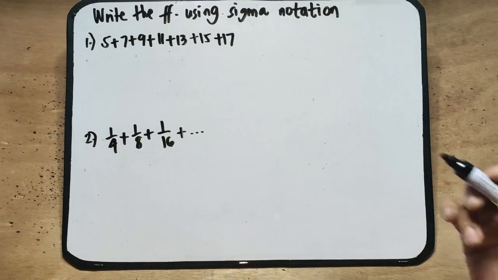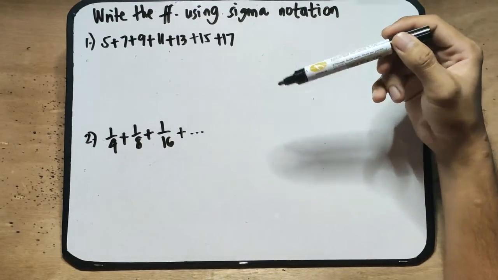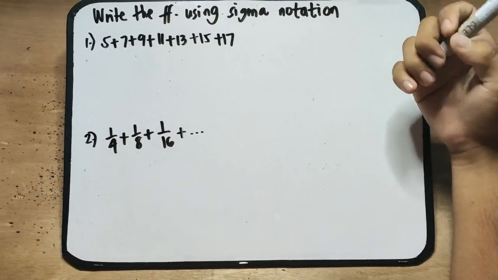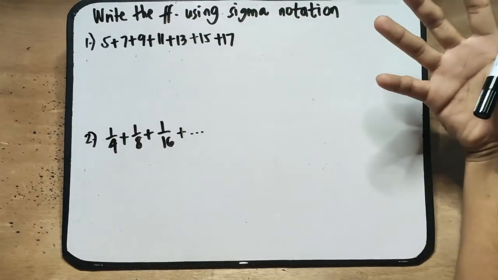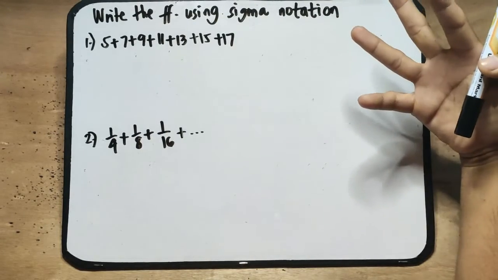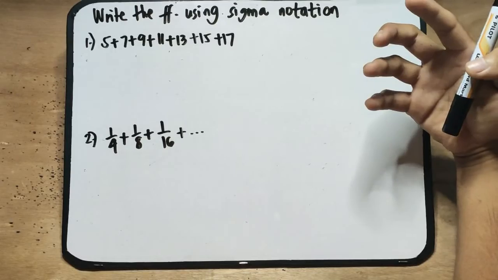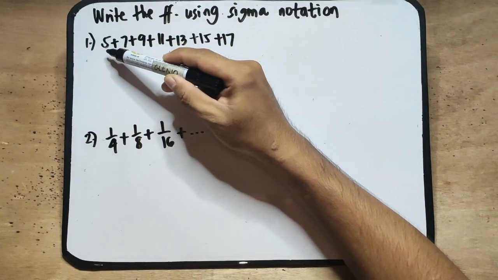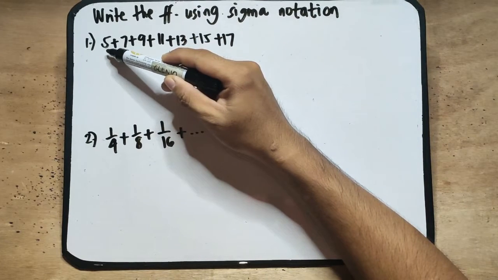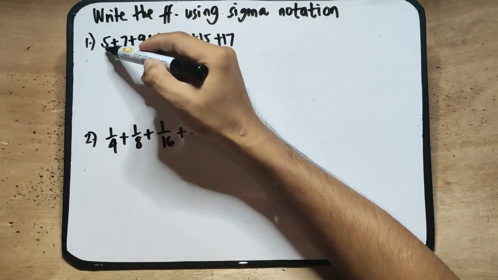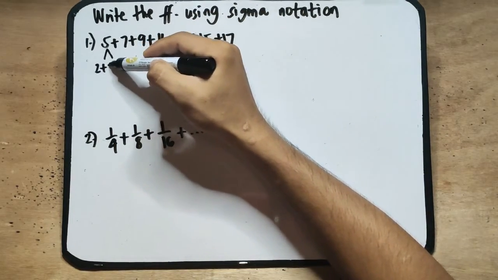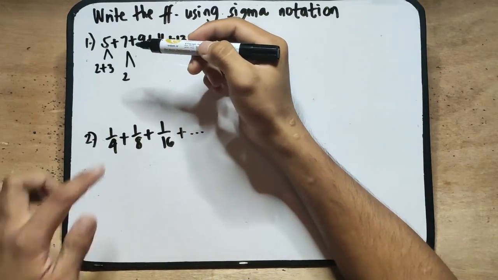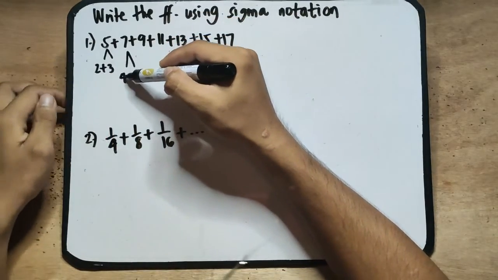So, the key in writing a given series to its equivalent sigma notation is to identify a specific pattern, kasi naghahanap tayo ng formula. We're trying to rewrite the entire series using a specific formula. So, observing si 5, possible siya na 2 and 3 yung pinagsama. So, si 7 pwedeng 4 at 3.